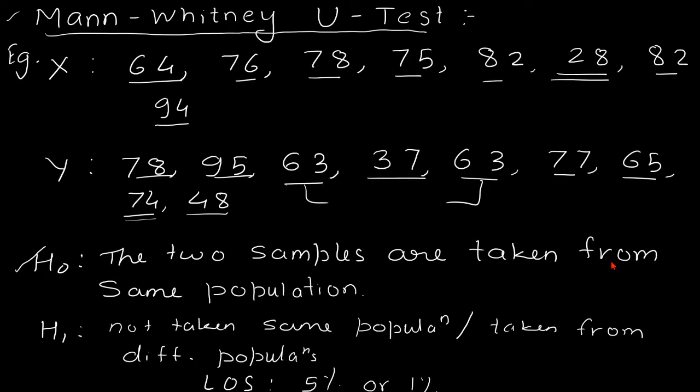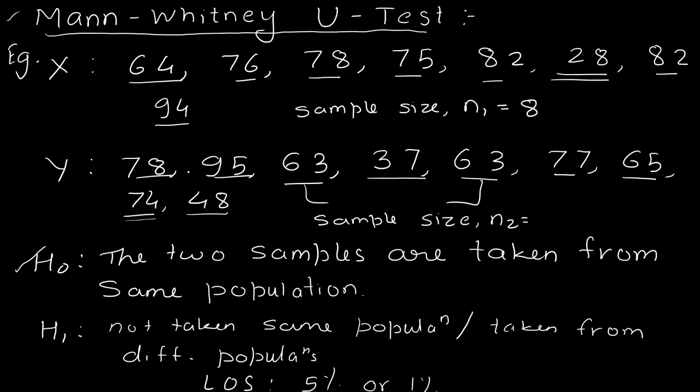Now, the sample size for x is my n1, and the sample size for y is my n2. Let's see how many there are: 1 2 3 4 5 6 7 8. So n1 is 8 and n2 is 1 2 3 4 5 6 7 8 9, n2 is 9.